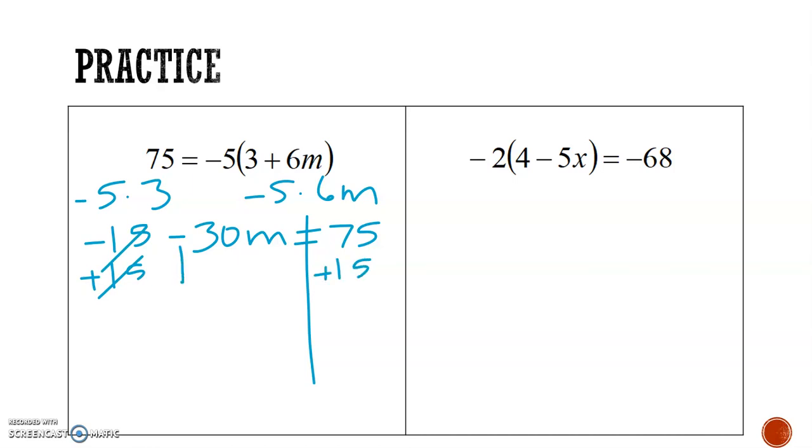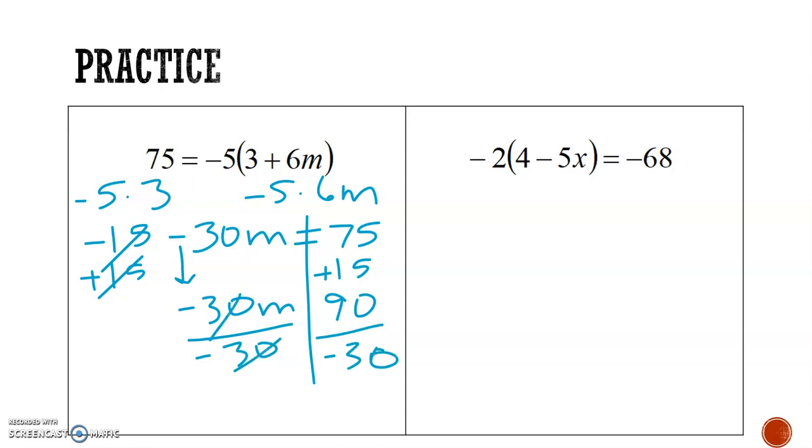And bring down, remember, bring down this minus sign as a negative. And then 75 plus 15, this is 90. So we're going to divide both sides by negative 30 to bring that over. And that means that m equals negative 3.